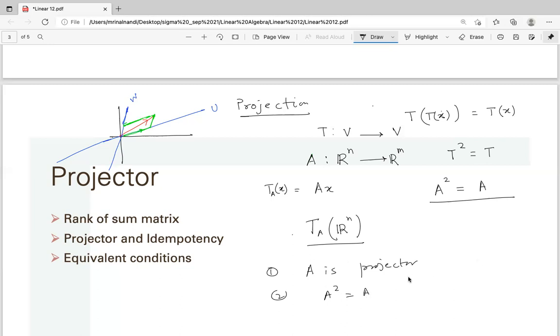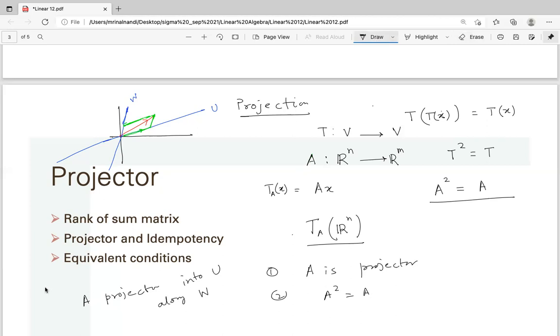So again, what is the definition of A being a projector? If I say A is a projector into U along W, what is the meaning of that?